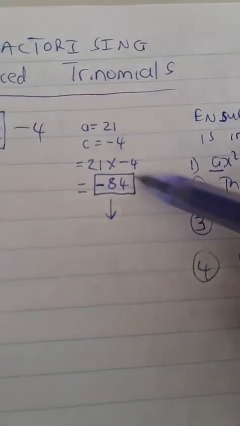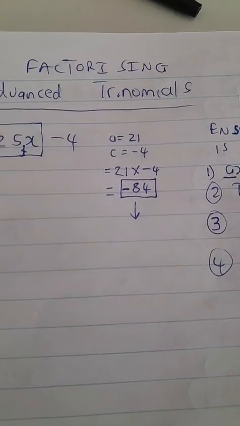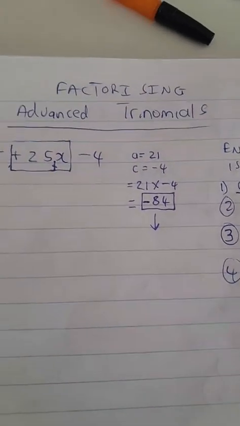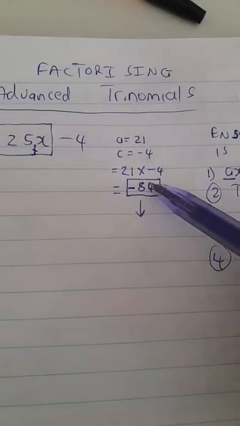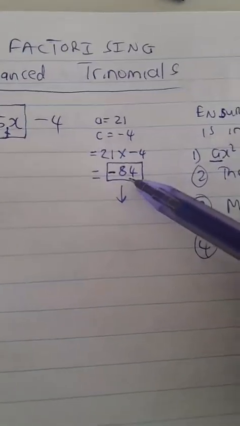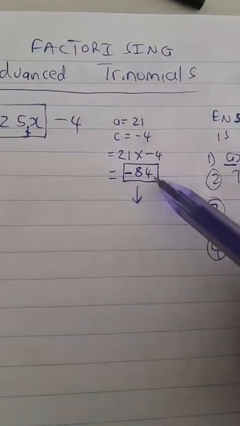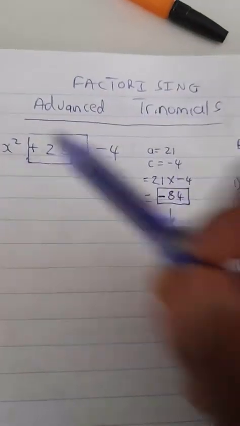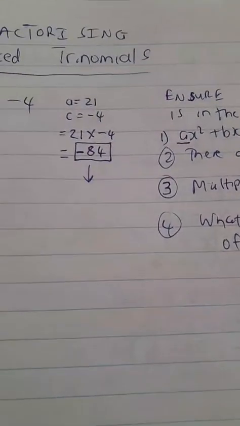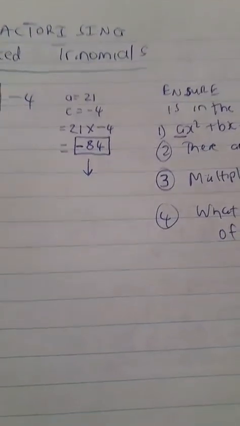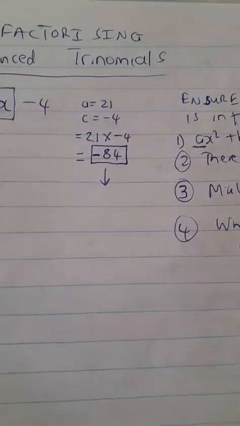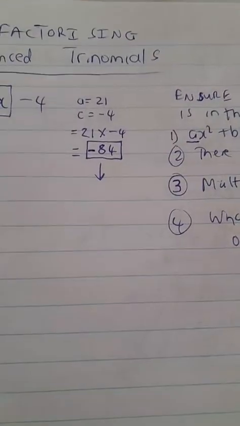So negative 84, what factors? Obviously, the big factor is a positive number and the small one is a negative. What are the factors of negative 84 which, if I add them together, should give me positive 25? Can someone rummage through and tell me the factors of 84?